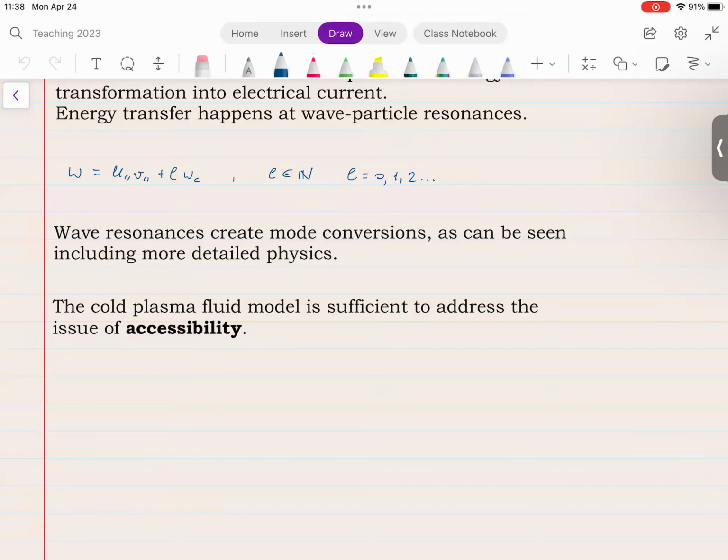So that's going to be the point where I'm going to have the space to put my antenna, and that's where my propagation into the plasma begins.